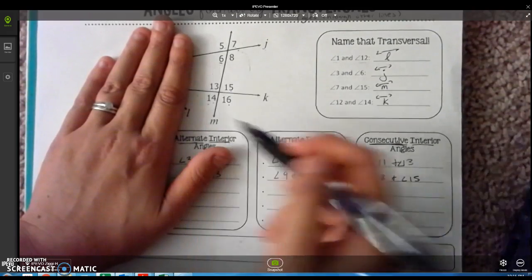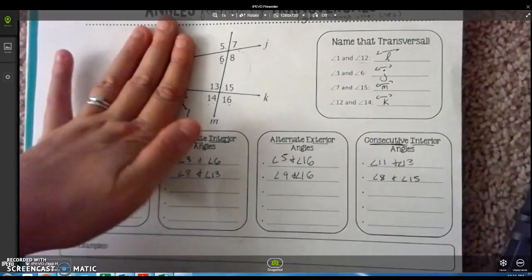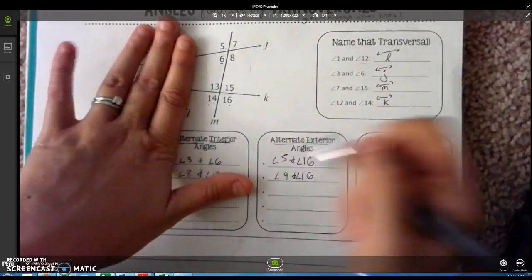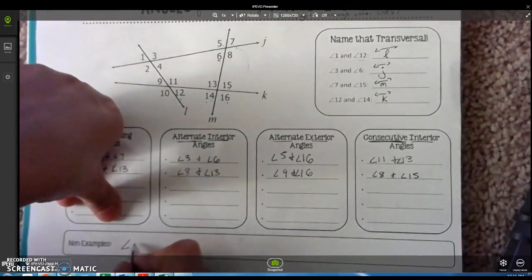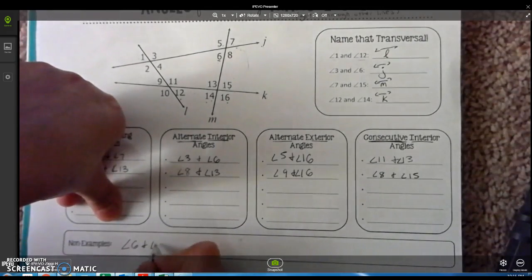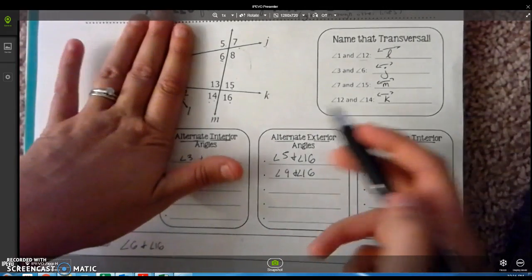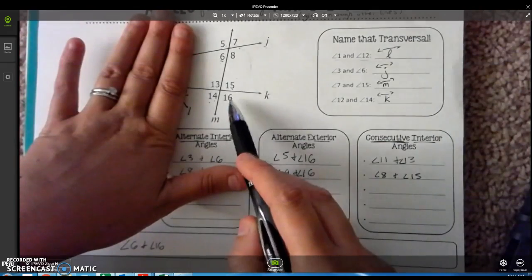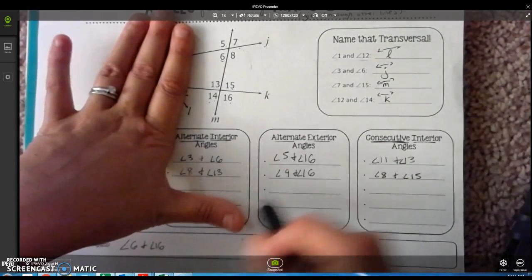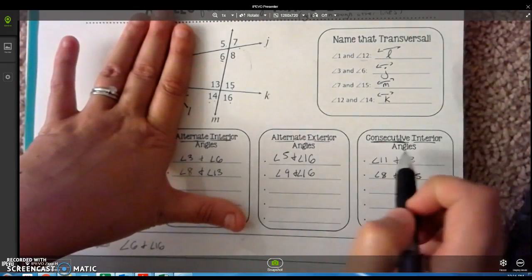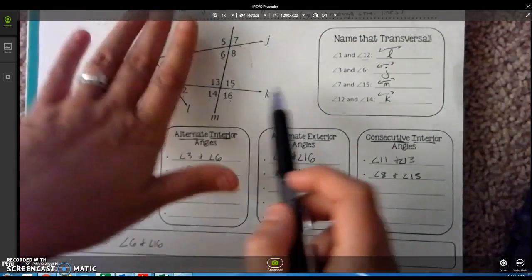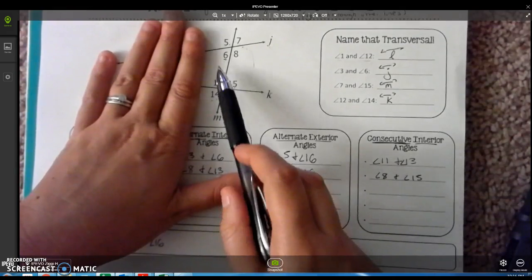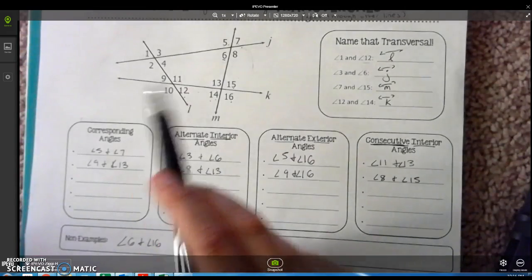But they don't really have anything in common. There's none of these special rules, special words that will talk about these two angles together. So those are a non-example. They don't fit any of my qualifications. 16 is outside, 6 is inside, which means I can't do any interior or exterior. And the only thing that I could do is corresponding, but this is on the right, that is on the left.